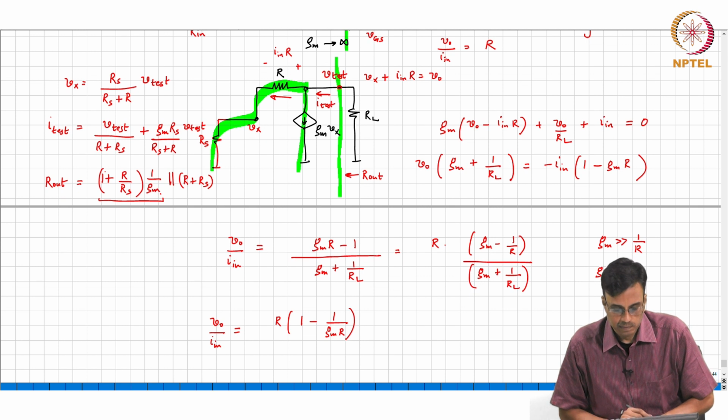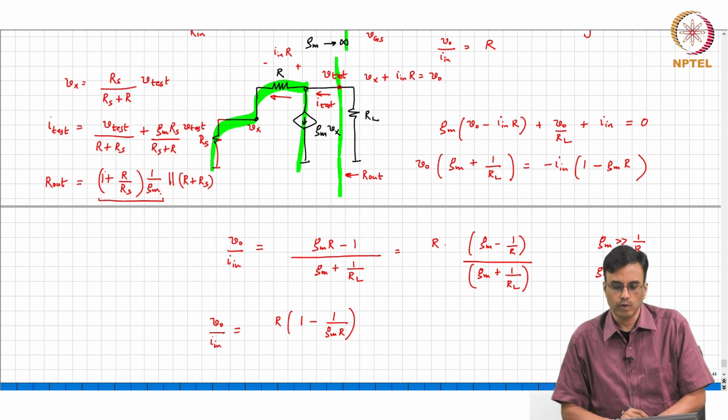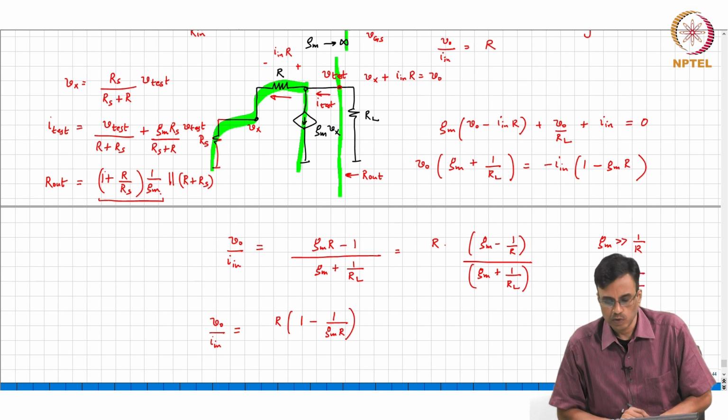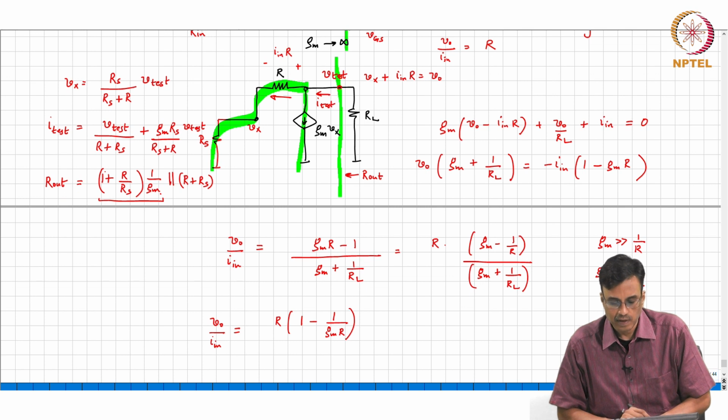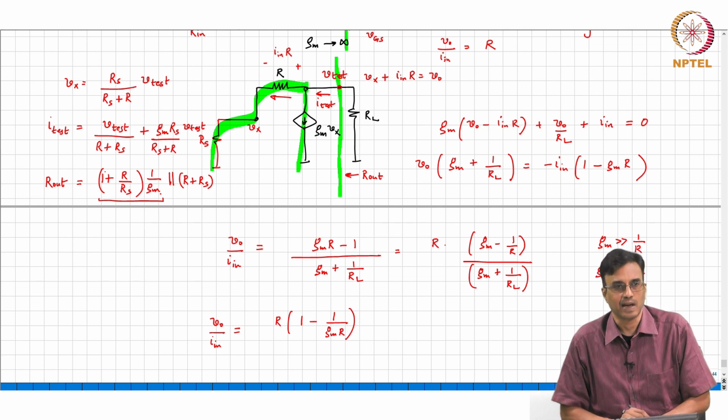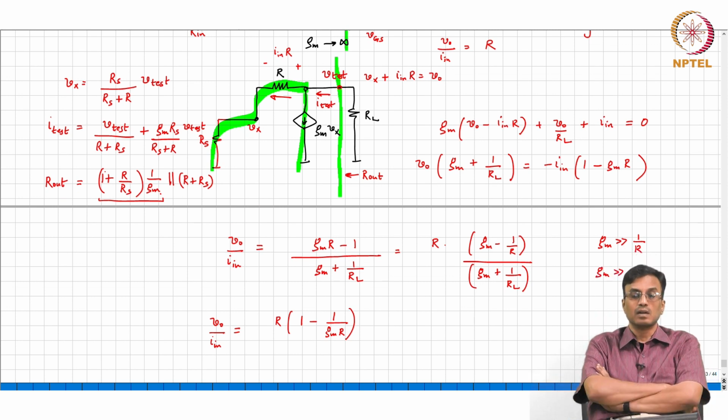So, if the current source that is driving the current controlled voltage source has a finite source resistance, what comment can you make about the output resistance? Is it higher or is it lower? If Rs was infinite, what would be the output resistance?